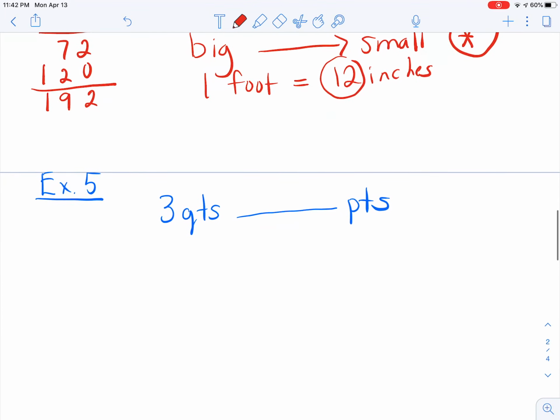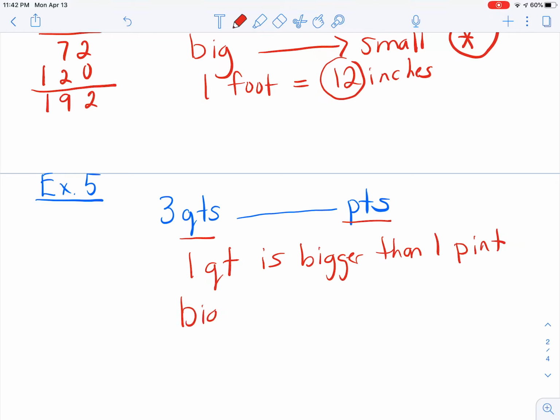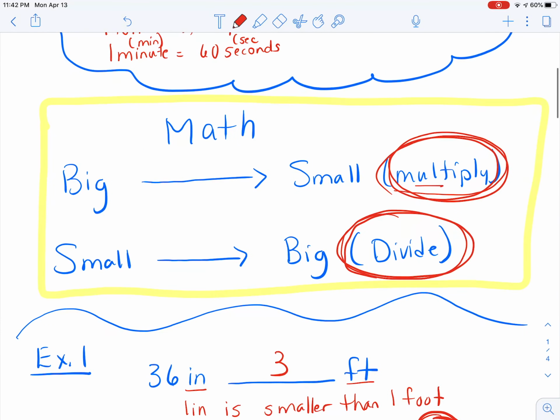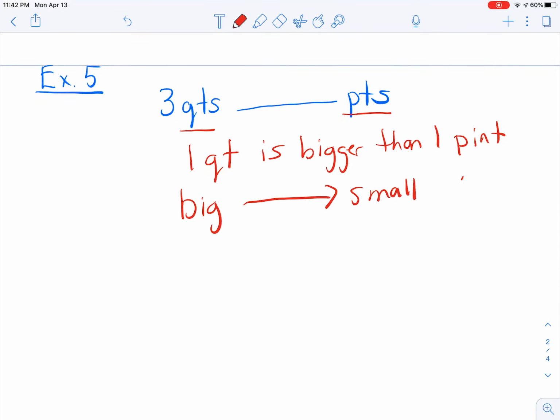Example 5. A quart to a pint. Well, 1 quart is bigger than 1 pint. So I'm going big to small. Remember, all the way back up here, if I'm going big to small, I'm going to multiply. So let me scroll back down. So my math operation is multiply.